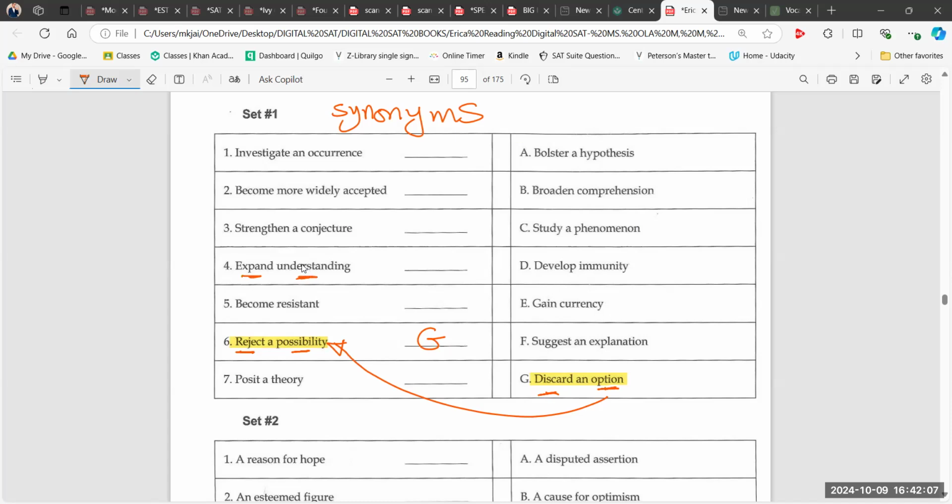Understanding has to do with explanation. When you expand, you suggest. When you suggest, what do you do? You try to give an idea. When you expand understanding, you give more details. So do you think they give the same meaning? No. Try another one.